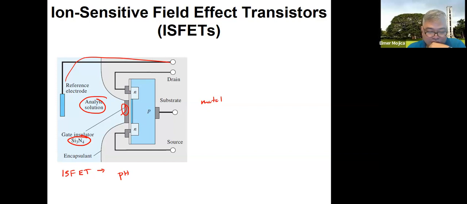So this is a good material that they developed during the 1970s. It's called MOSFET, and it was then turned into the ISFETs, ion sensitive field effect transistors.